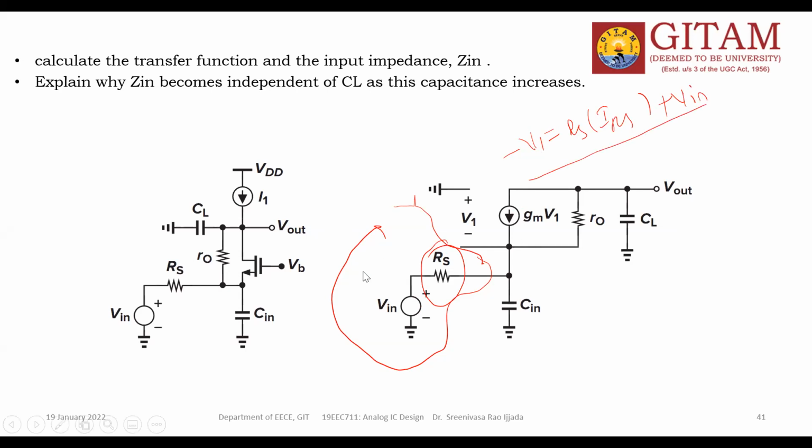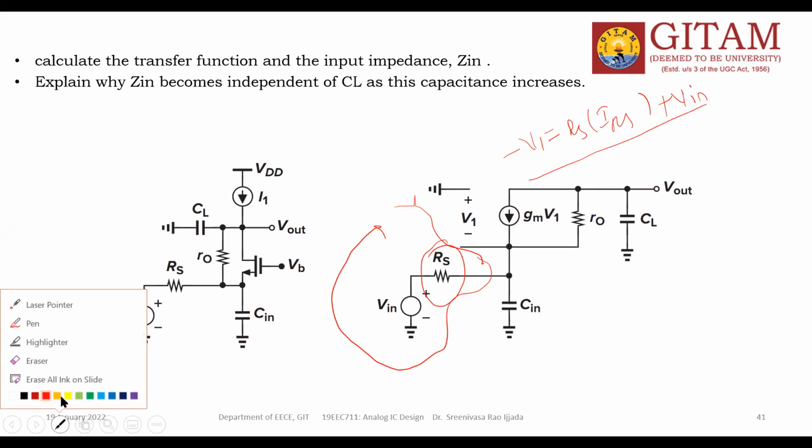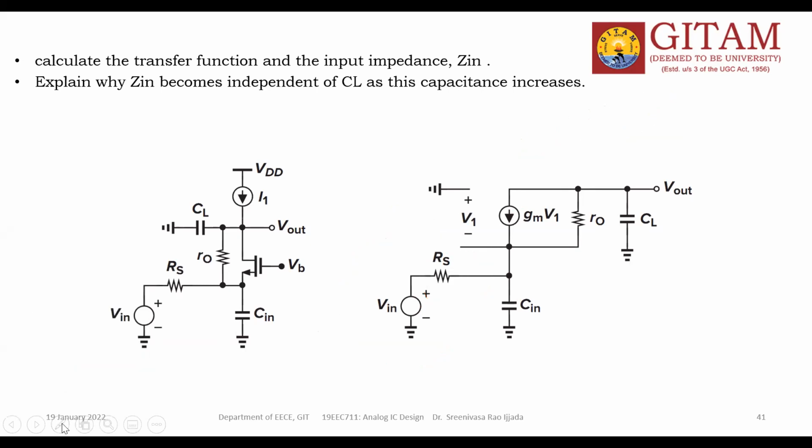Do you understand what the loop is? The loop is like this. This is your loop to write the equation. Understand? So plus to minus, earlier the current direction is this one.